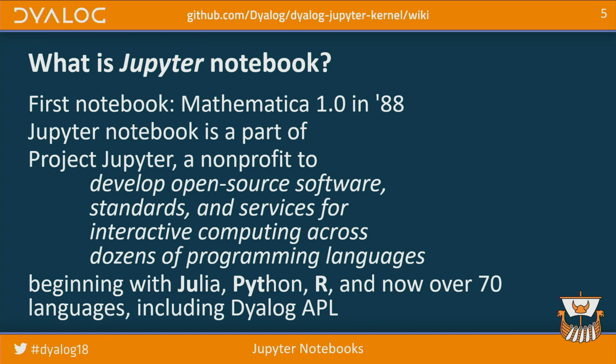You plug it in there, and you can have a notebook that calls for a certain language, and then the Jupyter system will start up that kernel and execute the expressions. So the name Jupyter kind of comes from the first 3 languages that were usable with the Jupyter Notebook, Julia, Python, and R. But now there are a whole bunch of languages and more being added all the time. And we now have Dyalog APL as one of these.